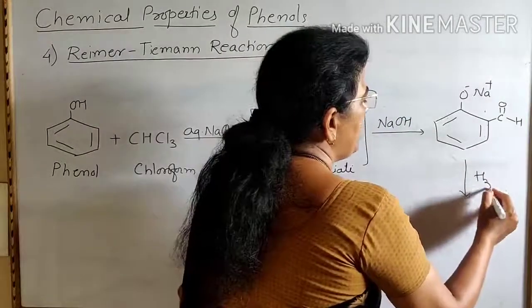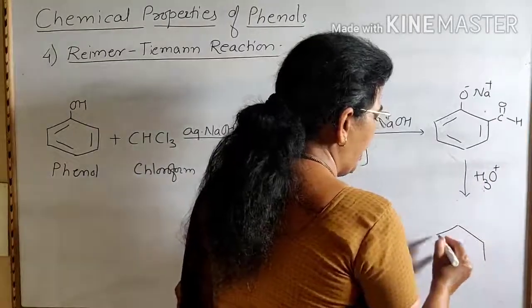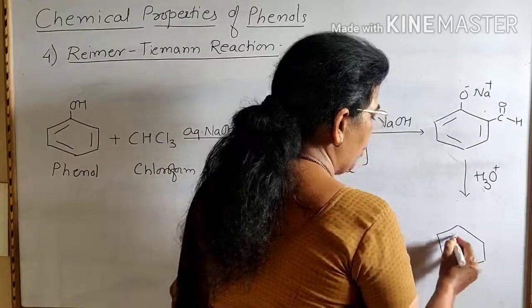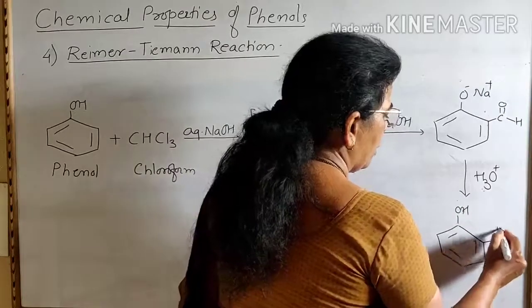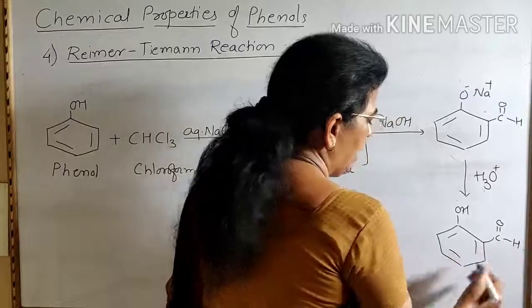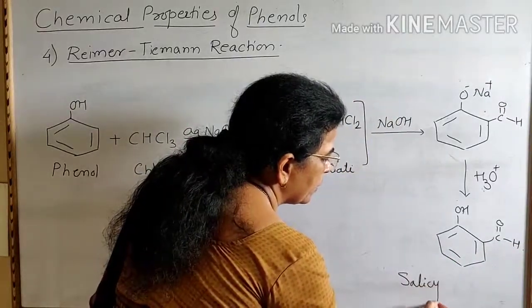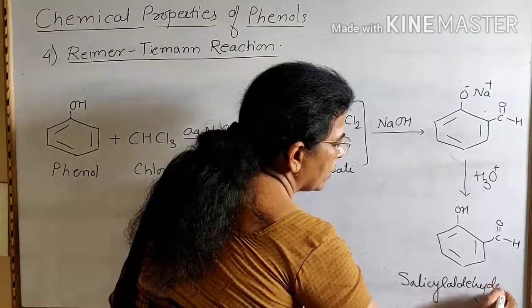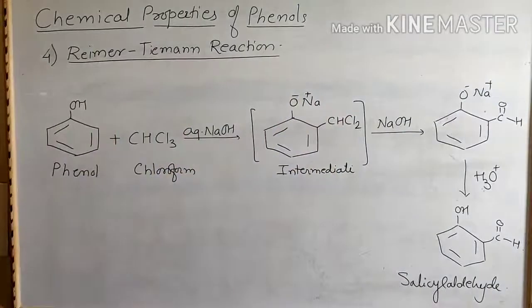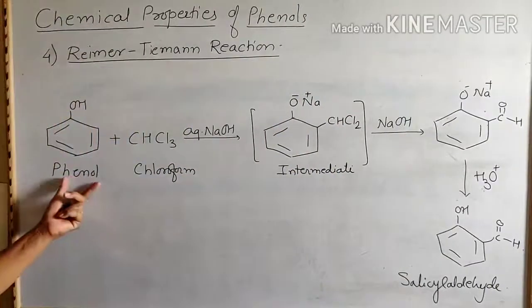Then this compound is acid hydrolyzed, and the ONa group is converted into OH group. The name of this compound is salicylaldehyde. That is, this reaction is used to prepare salicylaldehyde from phenol.